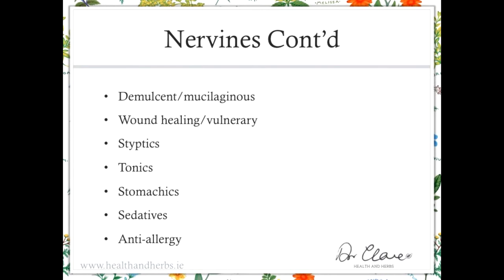So I would always use sedatives along with anxiolytics, and I would tend to use anxiolytics and antispasmodics during the day so that a person doesn't get quite as uptight and resistant to sleep by the time they go to bed. And then I might add in sedative herbs such as hops or wild lettuce or Eschscholzia californica, the Californian poppy.